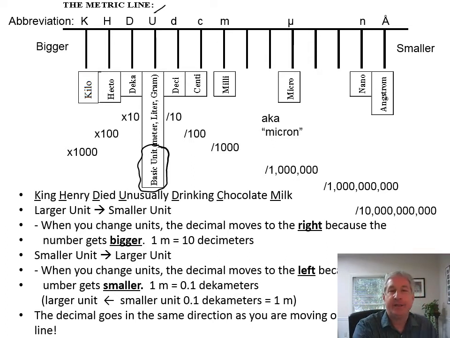On the right we have small letters, and these are the prefixes to the word. A D would be deci, C would be centi, M is milli. Then we skip a couple, and we use a Greek letter, micro, skip a couple, and we get down to nano and angstrom.